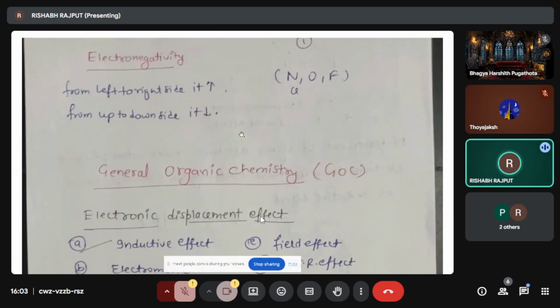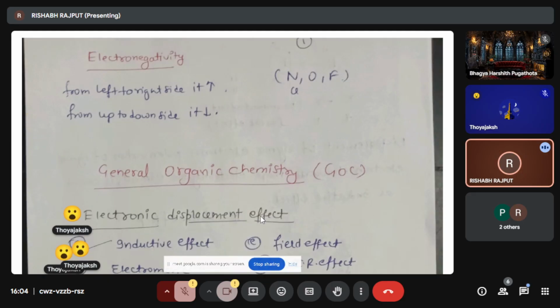So guys, today I am starting organic chemistry. I will teach basic parts of GOC because GOC is a very important topic in organic chemistry. After this you can understand the mechanism of reactions also, and in 12th there are so many good chapters, so you will need this chapter also.